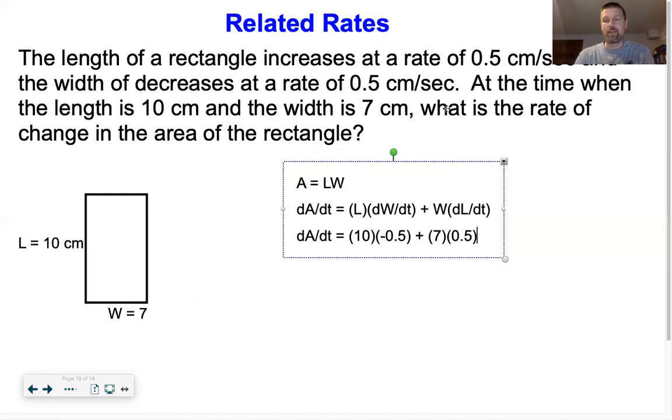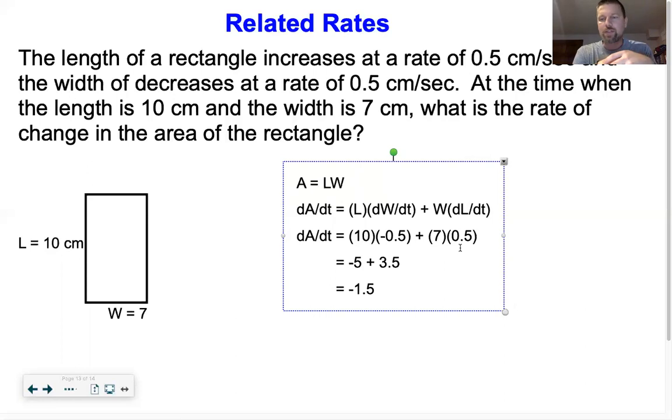That's my dA/dt. In this case, 10 times negative 0.5 would be negative 5, plus 7 times 0.5 would be 3.5. If I add those together, I get negative 1.5.